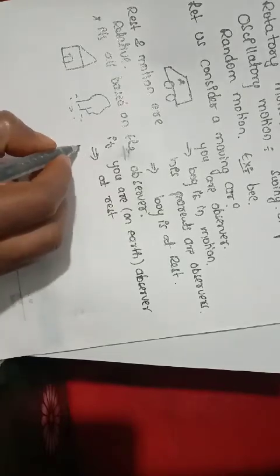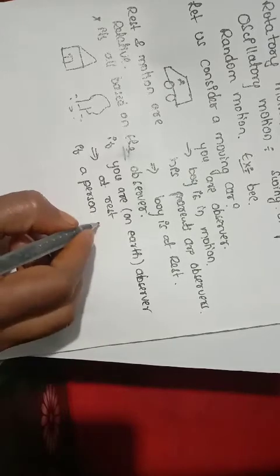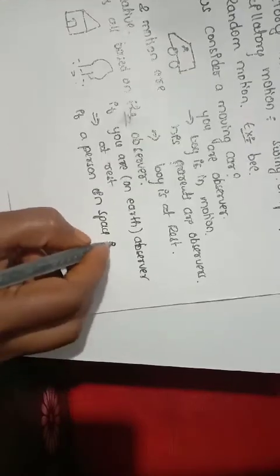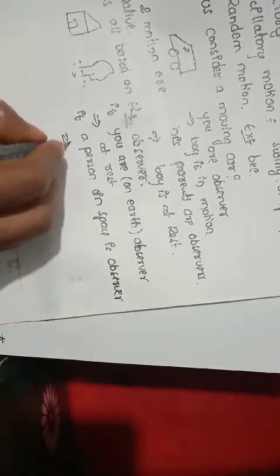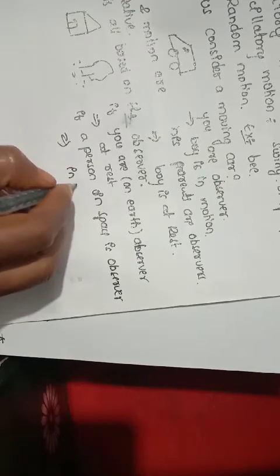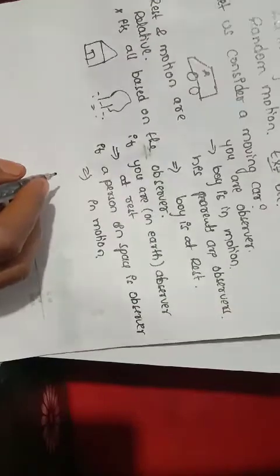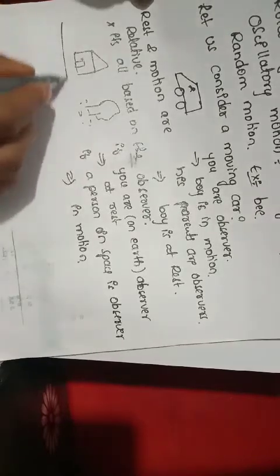If a person in space is the observer, then these are said to be in motion. Now you understood very clearly, right? Motion and rest are relative. They are not fixed. Clear?